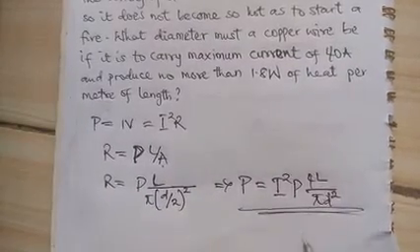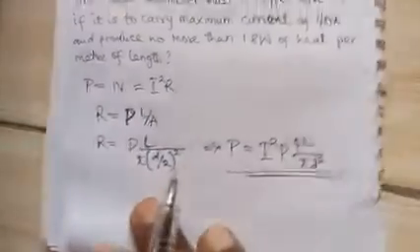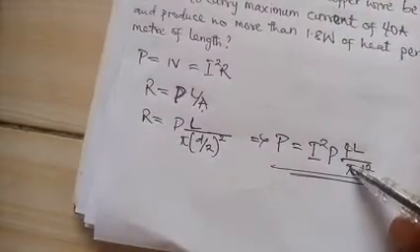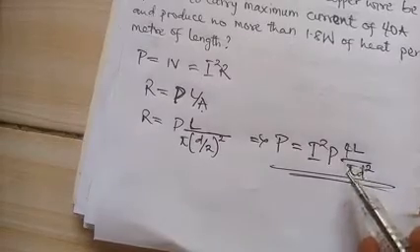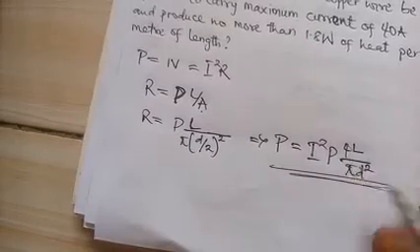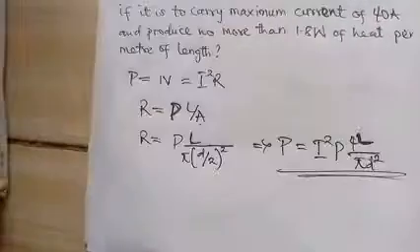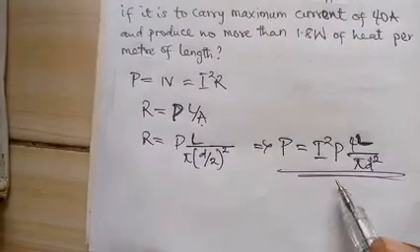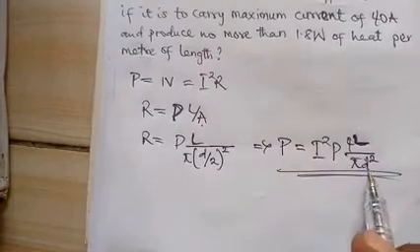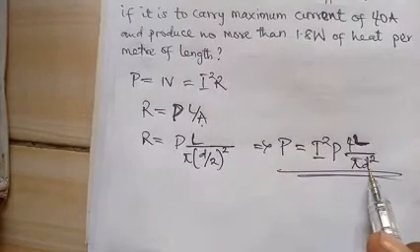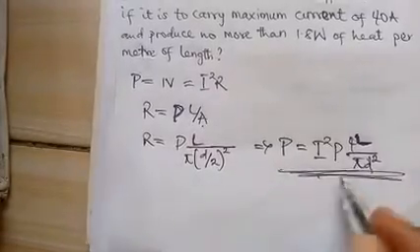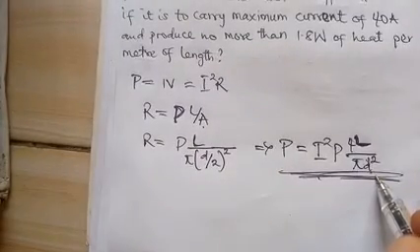So using this formula, we can fix in the values, or we can even alternate to make it easier and bring in I squared to come and multiply L. From here, we are asked for the diameter. So if we make diameter the subject of the formula, diameter is what we are required.